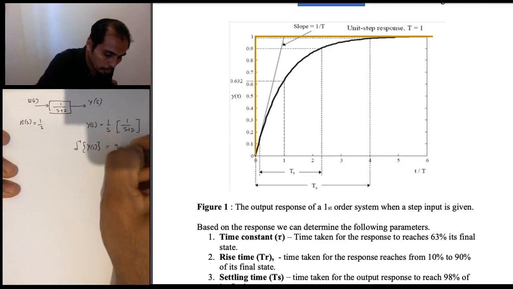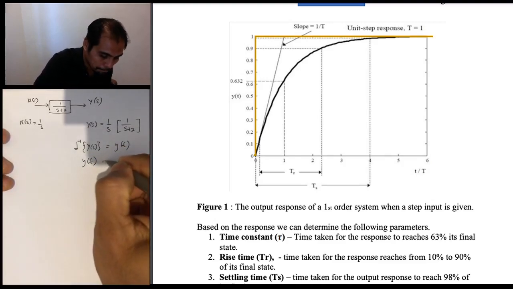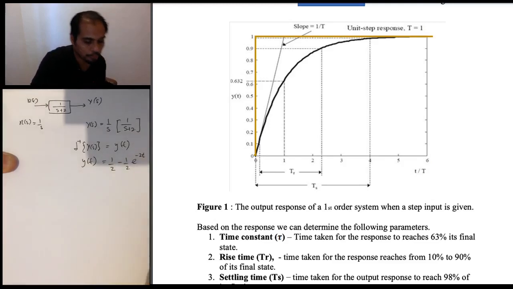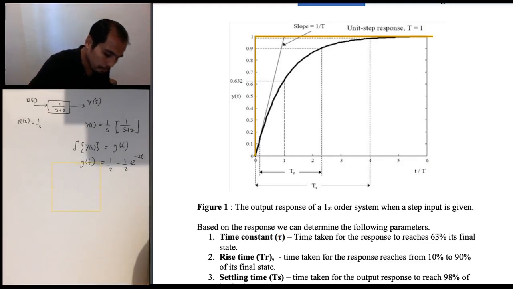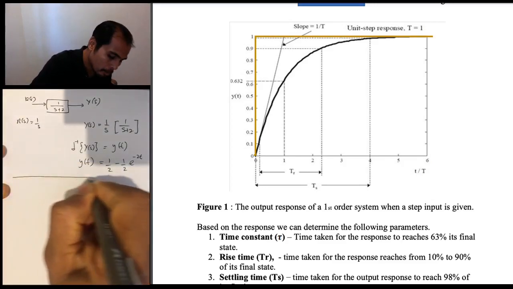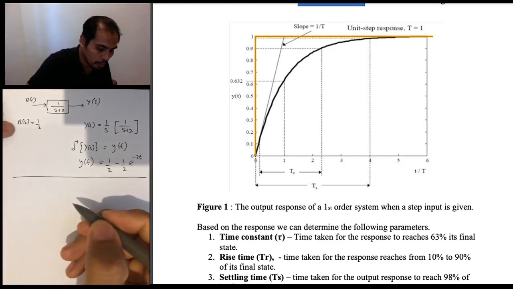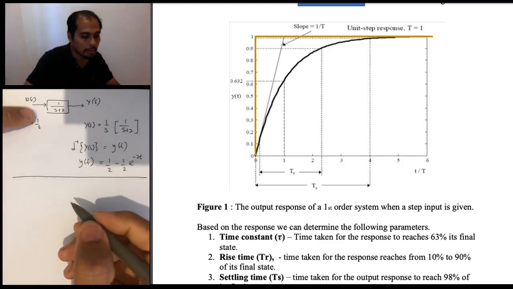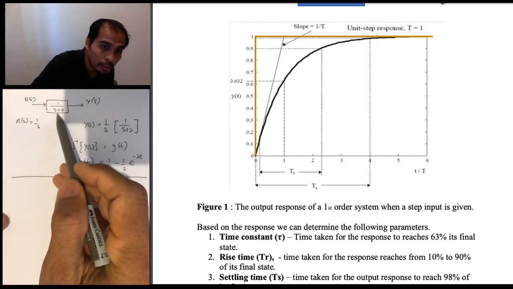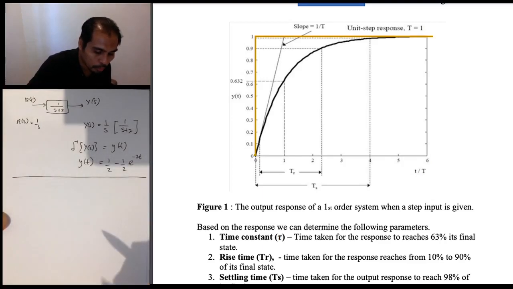We get y of t, that's y of t equals half minus half e to the minus 2t. So based on this, we know that the output steady state is half, right? Even though the input is the same, 1 over s, due to the difference of the system transfer function, the output will reduce to half, right?